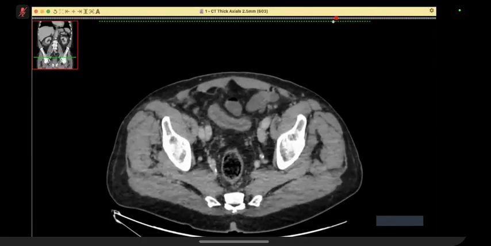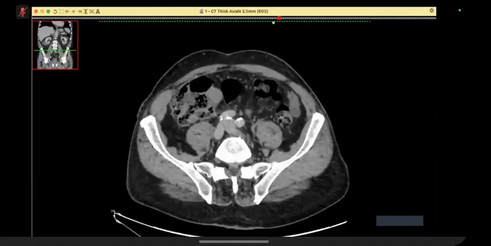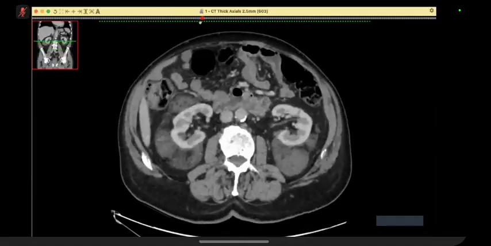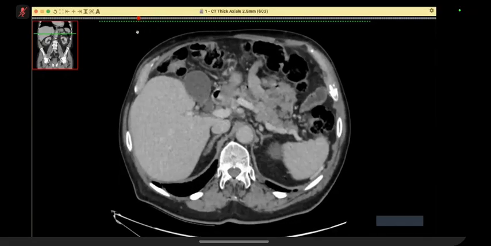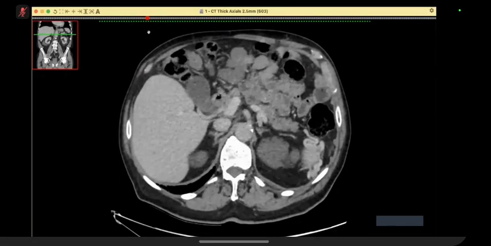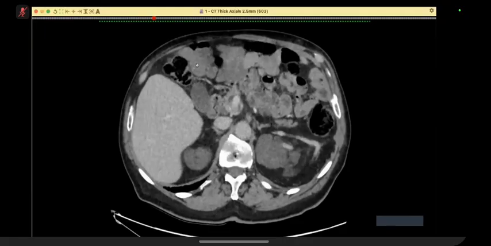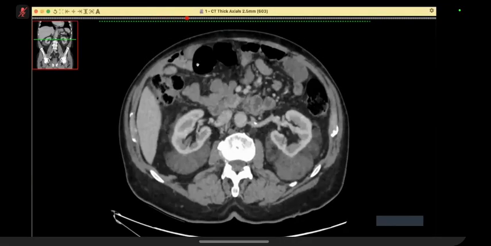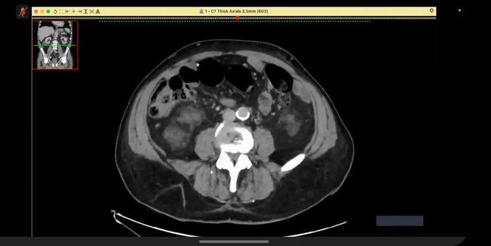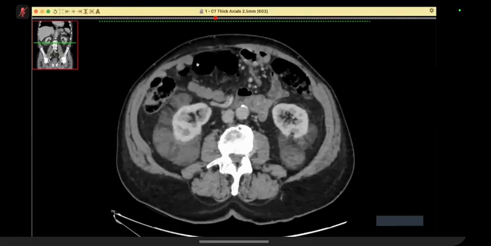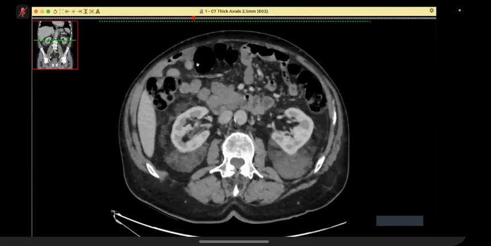On the first scroll, I can see that there are bilateral perirenal hypo to isodense lesions or areas, and these lesions are separately seen from the kidney.